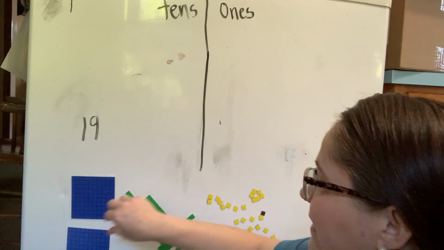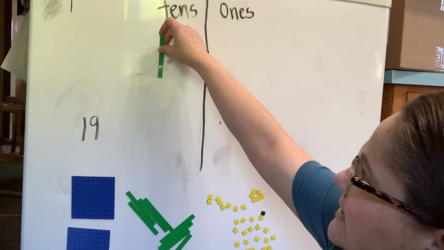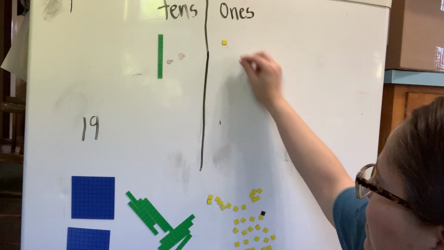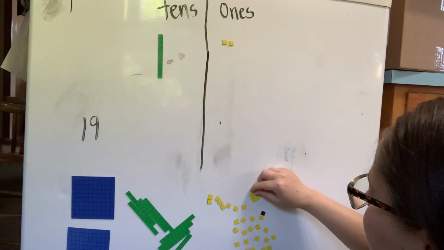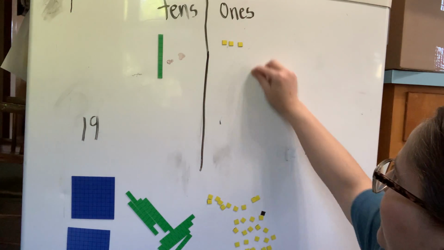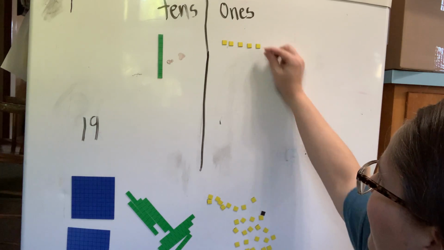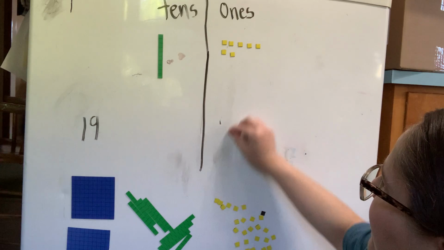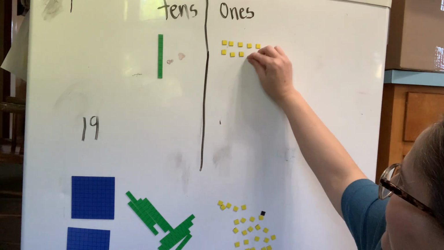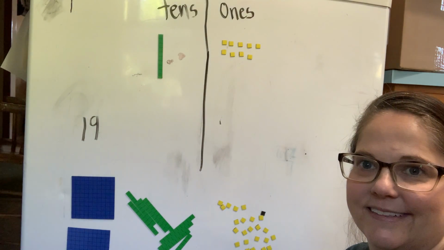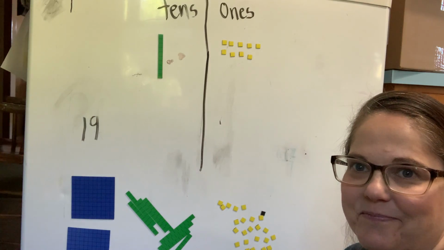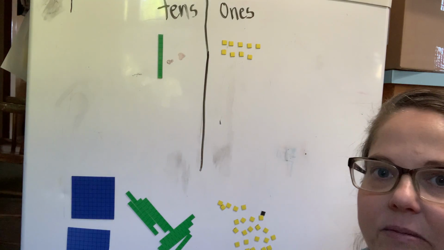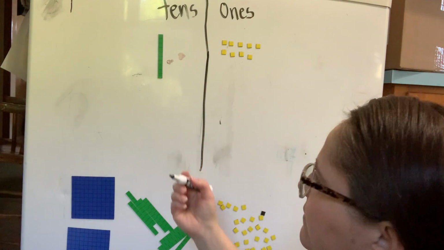So that would be 1 ten tower and 9 ones. 1, 2, 3, 4, 5, 6, 7, 8, 9. Nice job. How about we try the number 6?